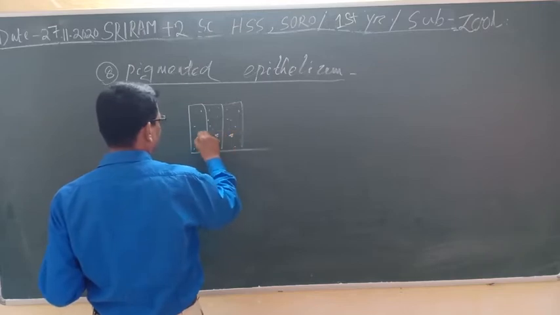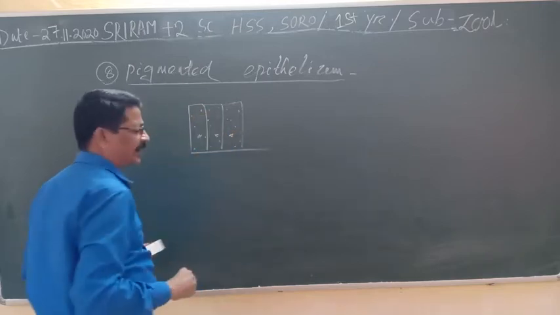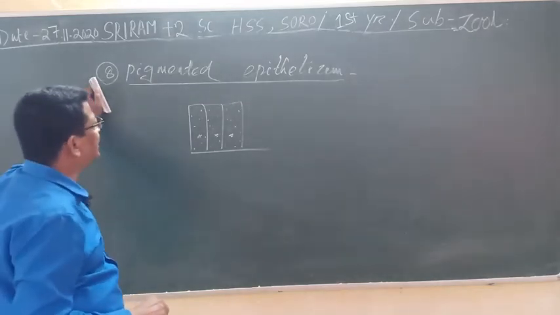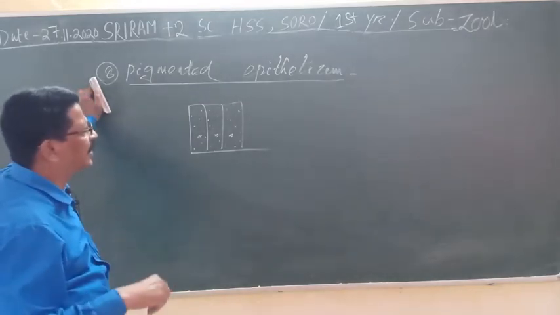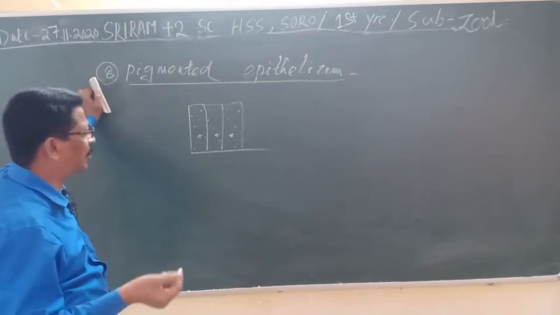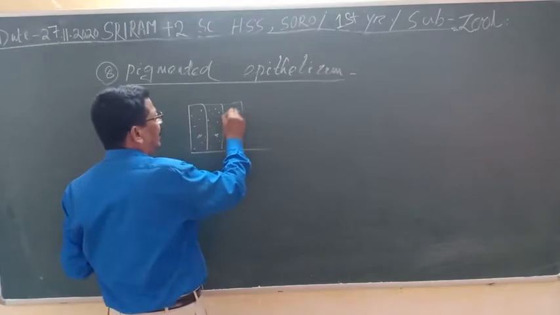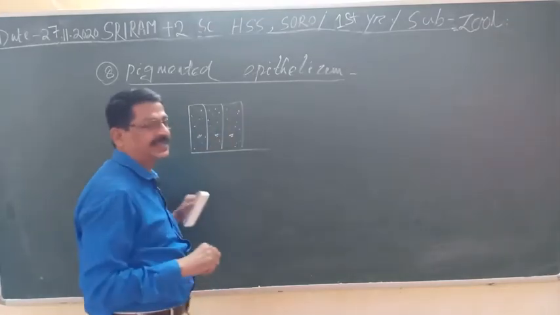These are the pigments, the granules inside the cell, in the cytoplasm. That is called the pigment. So the pigmented epithelium is nothing but a modification of some columnar epithelium, where the cells are nucleated and contain pigment in the cytoplasm.